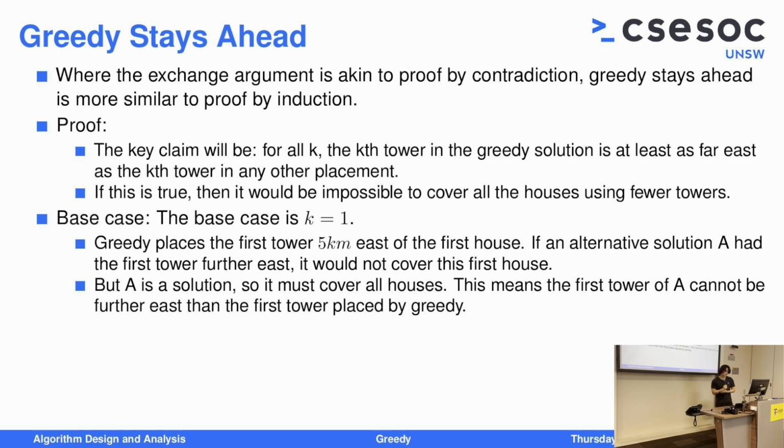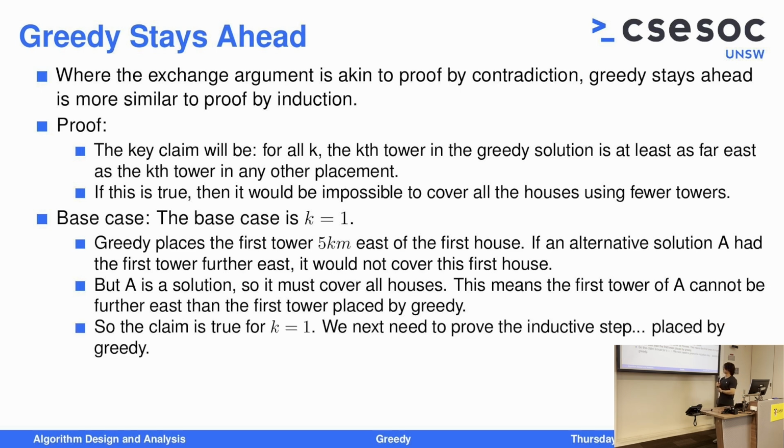But A is a solution, so it must cover all houses. This means the first tower of A can be no further east than the first tower placed by greedy. It could be exactly the same tower as greedy, that's no problem, but it can't be further east than that first tower. So we see that the claim is true for k equals 1.